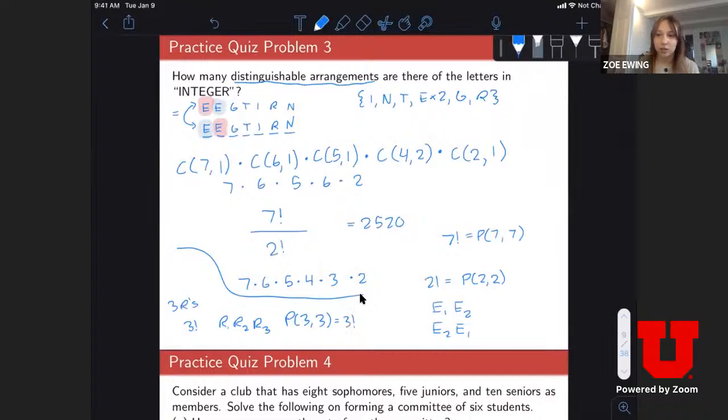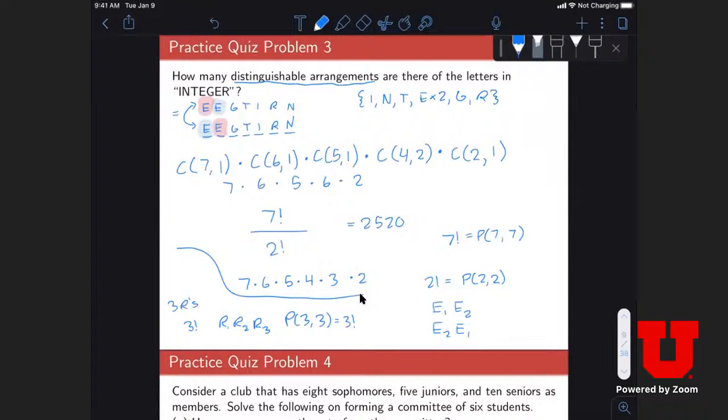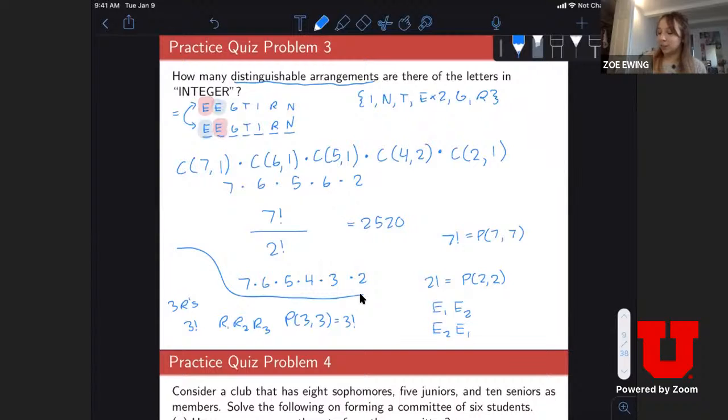Does that make sense? Yes. Okay, awesome. So basically this is a simplified version of all of that math, where we can just take the factorial and then divide it by however many copies there are.